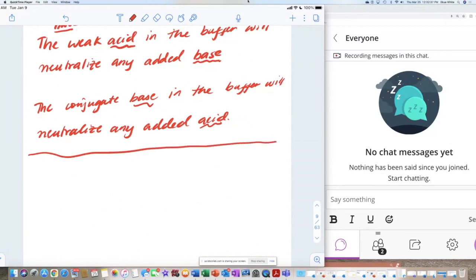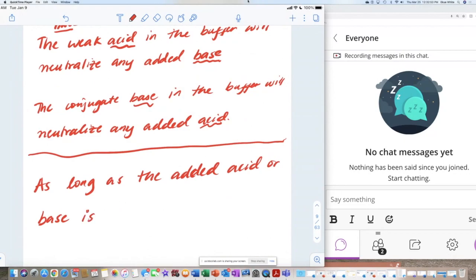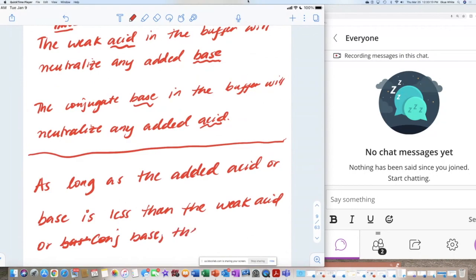I'm going to paraphrase what they wrote: as long as the added acid or base is less than the weak acid or conjugate base, the buffer will work.